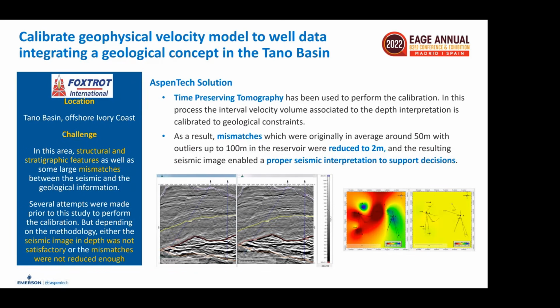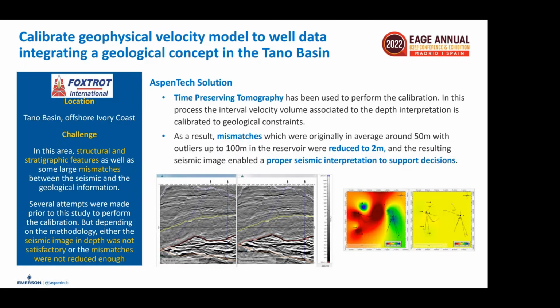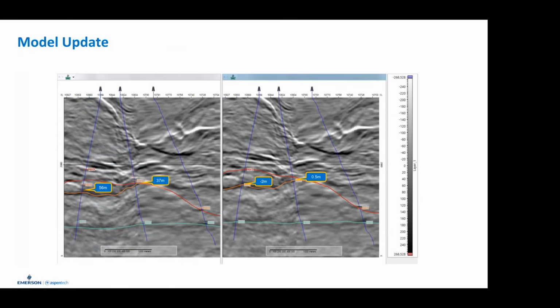Different approaches were tested without any success, but by using the time-varying tomography, we were able to reduce those misties. This is the mistime map of one of those horizons to start with, and you can see later on those mistime maps with the same scale as shown on the screen. And this is just a close-up where you can see on the left a couple of horizons, in red, orange, and green, and some well markers.